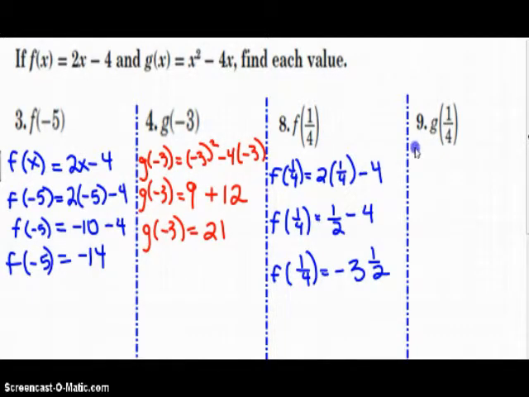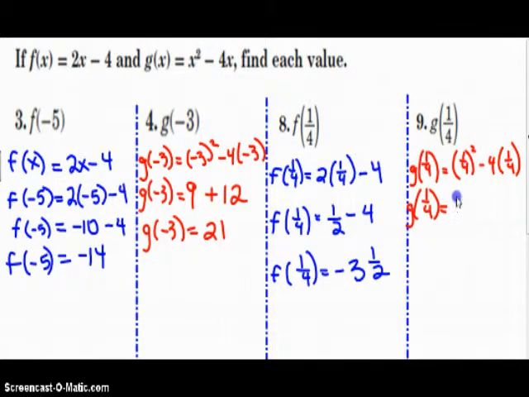And the last one on this page, the g of 1/4. So again, 1/4 has replaced the x, and I'm going to do the same thing into the function. So we have 1/4 squared, so that's 1/4 times 1/4. That's not 2/4. It's not saying multiply it by 2, it's saying square it.